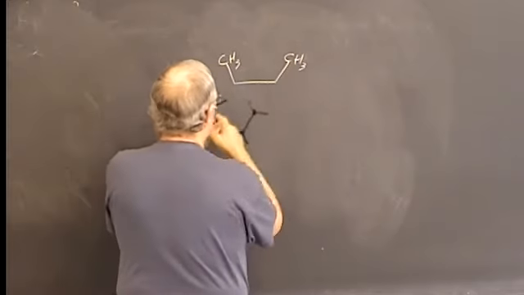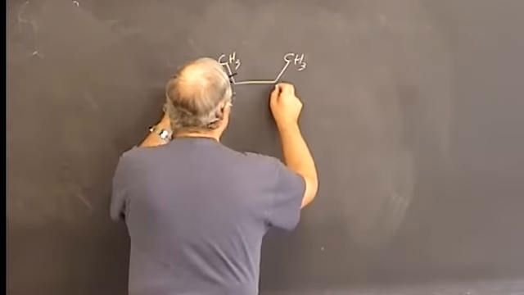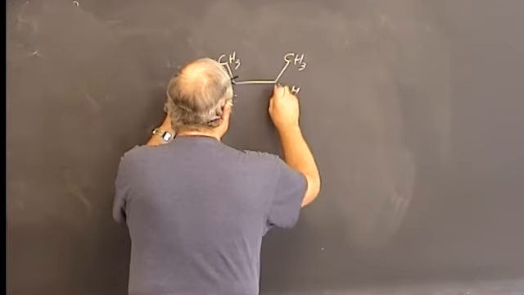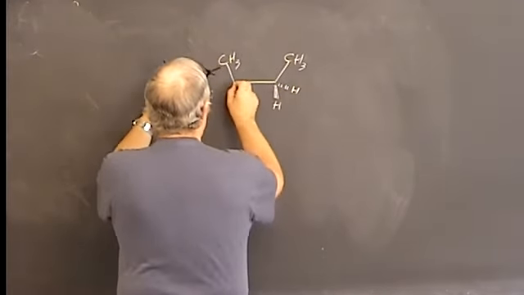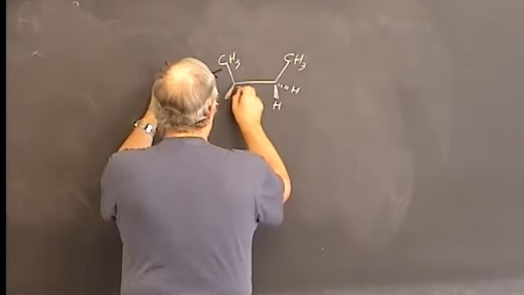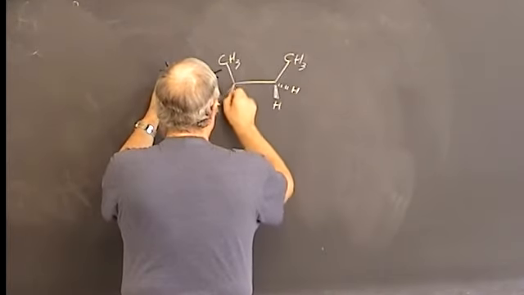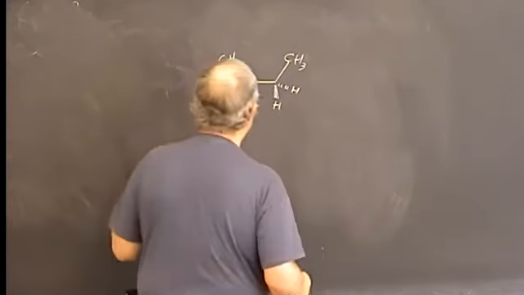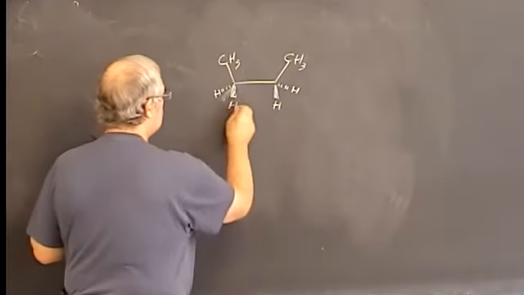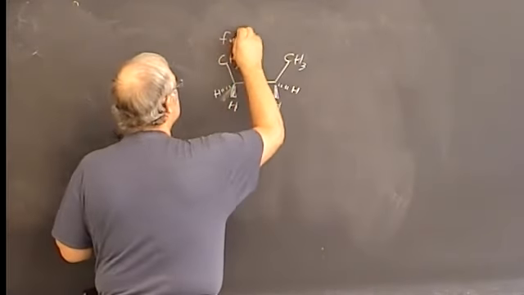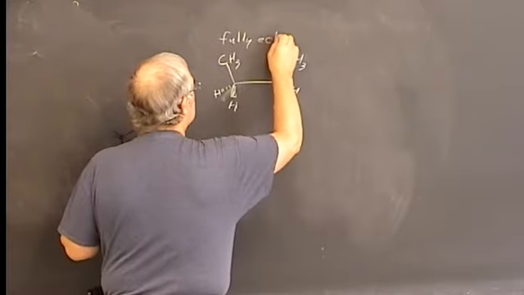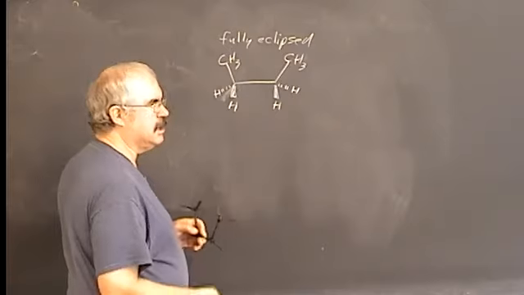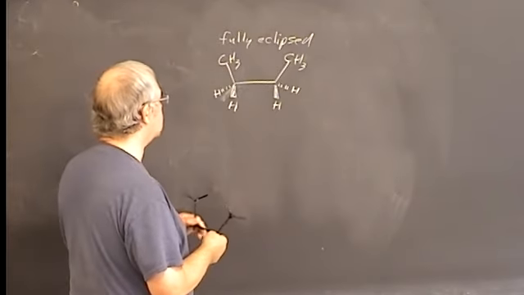I replace two of the hydrogens with CH3s relative to ethane. So I have a hydrogen coming forward, one going back. So this would be fully eclipsed. And this is the highest energy, the least stable form of butane.